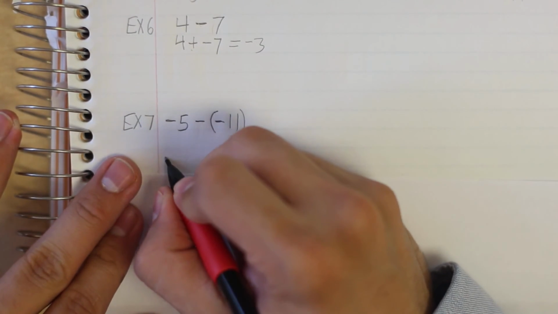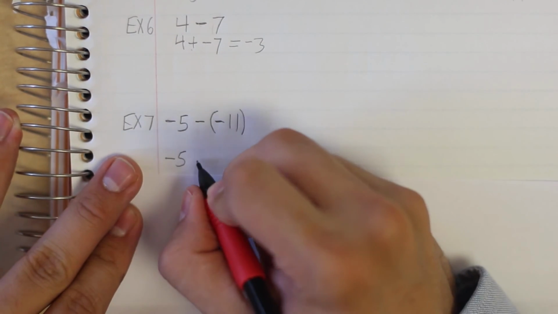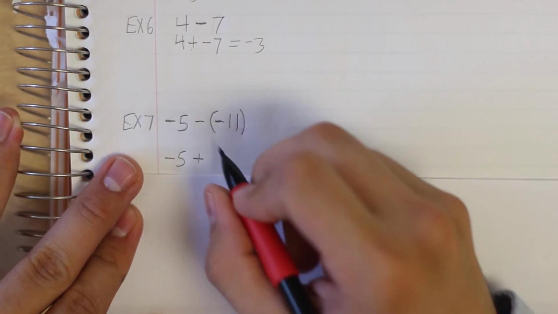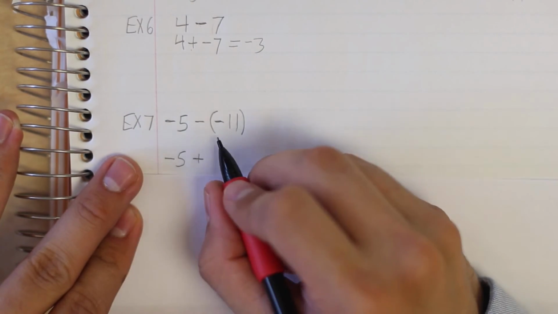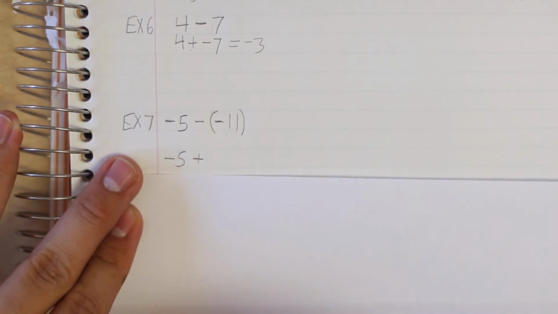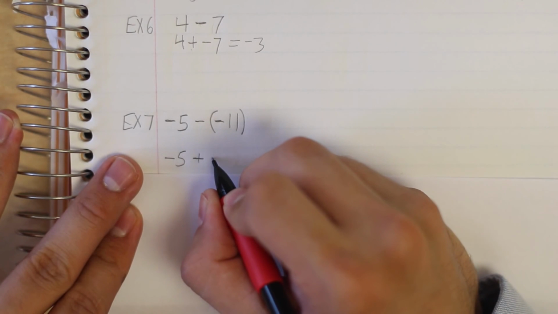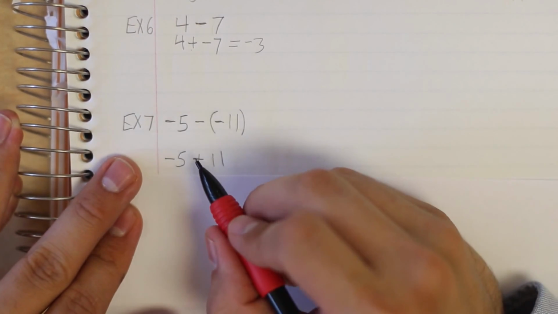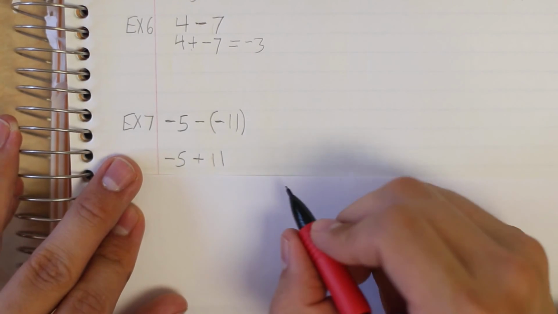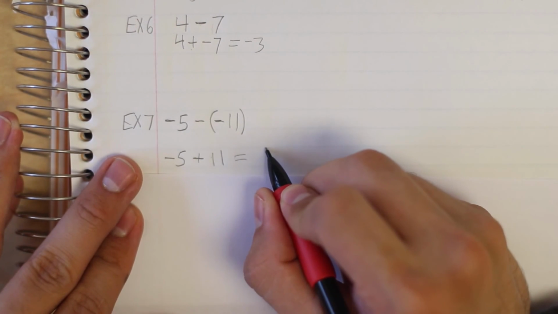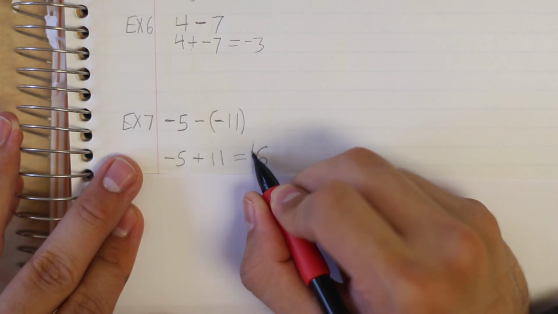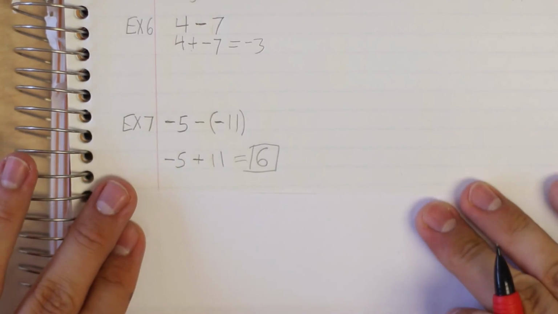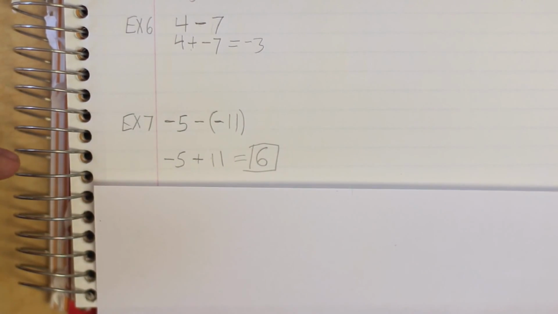So you have -5 plus, we change it to addition. I now need to take the opposite of this. Opposite of -11 is +11. So now I have -5 plus 11. Well, that is equal to 6. Okay? And that's all there is to that.